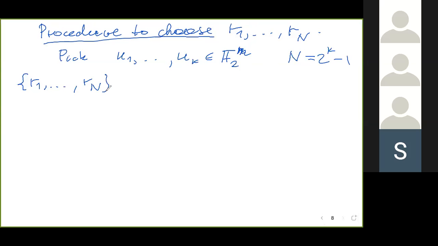R1, ..., Rn will be equal to the following set of vectors: U1, U2, ... It doesn't matter in which order they are arranged, I mean the R vectors. So first of all, we put in our set of R's all these U's. Secondly, we put there all the sums.